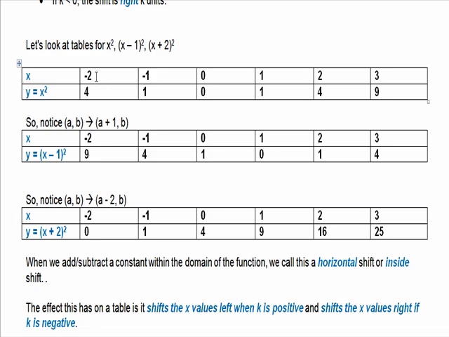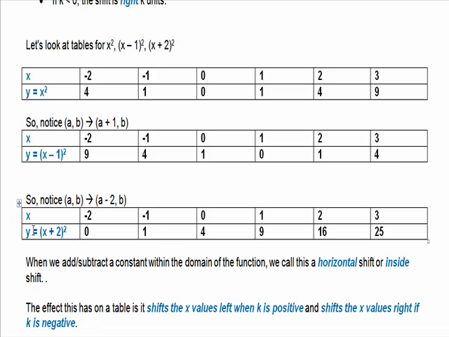So I add 1 to the x's because I'm shifting to the right. This (negative 1, 1), the y stays the same, but to the negative 1 I add 1, and that gives me (0, 1). This (0, 0), I add 1 to the x value, gives me (1, 0). This (1, 1), I add 1 to the x value, gives me (2, 1). This (2, 4), I add 1 to the x value, that gives me (3, 4).